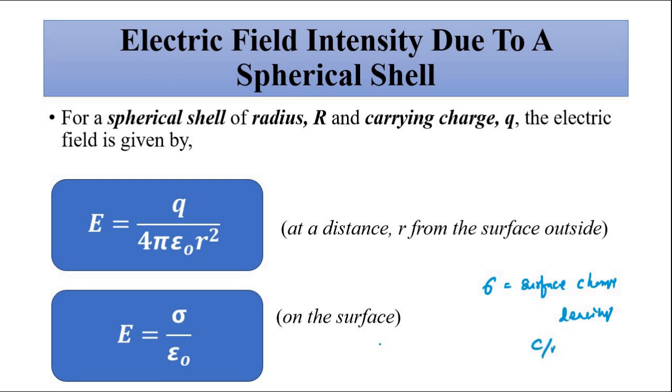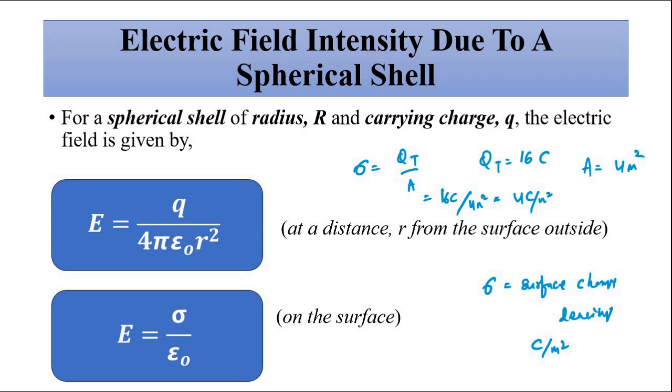Let us say we have a total charge of 16 coulomb distributed uniformly over an area of 4 meters square. The surface charge density will be given by Q by A, which is 16 coulomb by 4 meters square, equal to 4 coulomb per meter square.